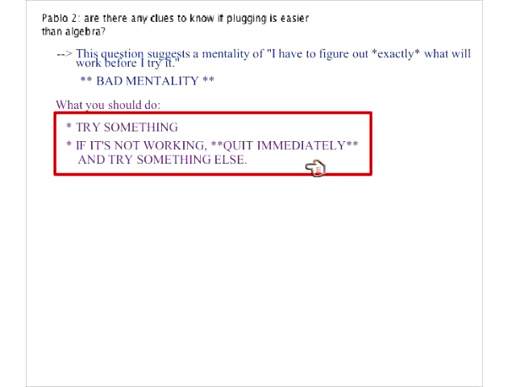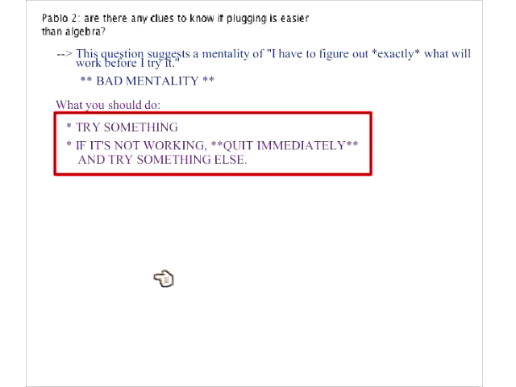They've created a test that mimics that kind of mentality. So you shouldn't be obsessed with looking for clues. You should just do things, and if what you are doing is not working, you just do something else.